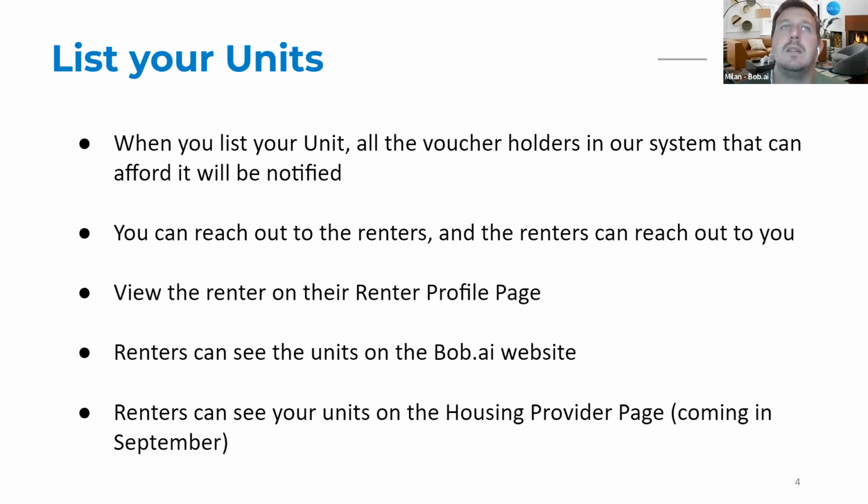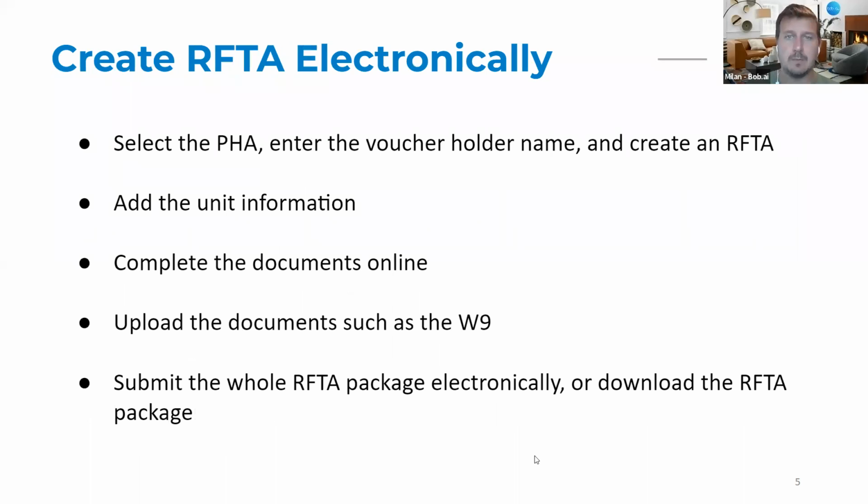They can see all the units on the housing provider page that will be available for you, and that's coming in September. Also, one thing that you may notice when you list the unit, there isn't an option to add a picture. So we are adding the option for adding pictures early next week. From next week, you should be able to list the pictures to help explain to the renter what the unit actually is and how it looks.